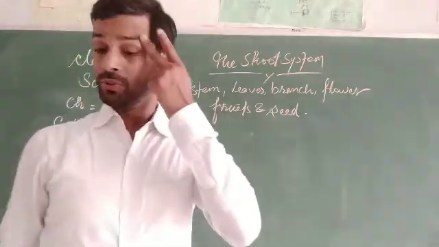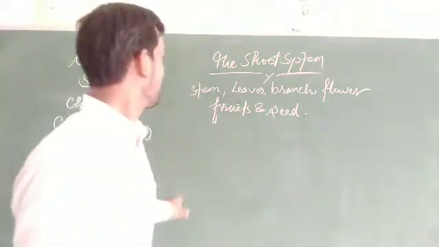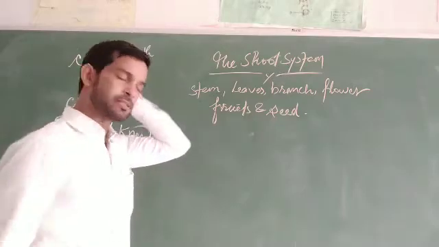So what we have to explain is stem, leaf, branch, flower, fruits and seeds.